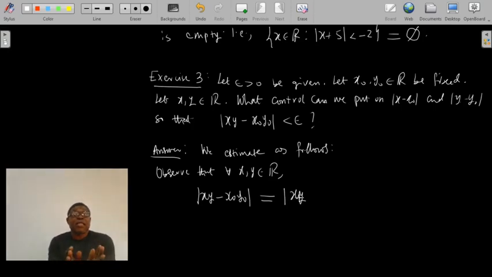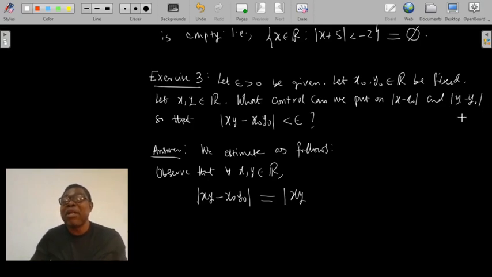Here, we'll start playing some algebraic tricks. And we must do it in such a way that these two entities must come out. And then when these two entities come out from our estimate, we will see what we may be able to do in order that we make this happen.